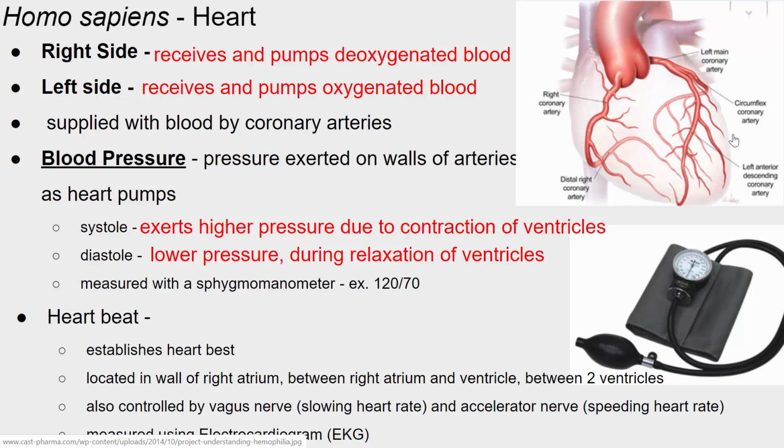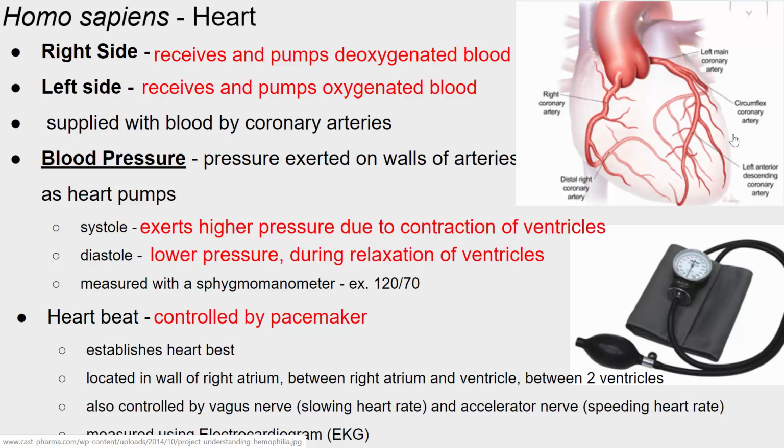Then they slowly let the air come back in, and at some point they can hear your pulse rate start up again, and that allows them to get the reading.